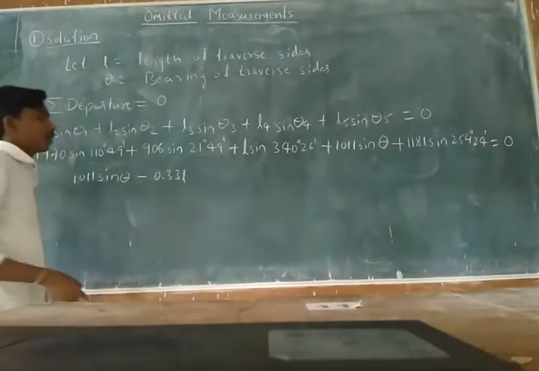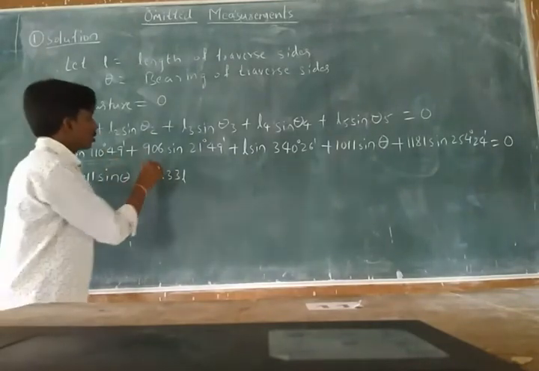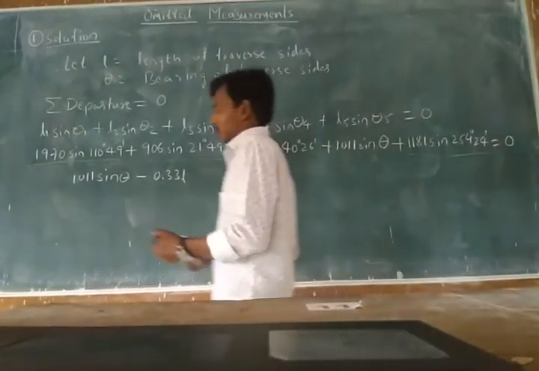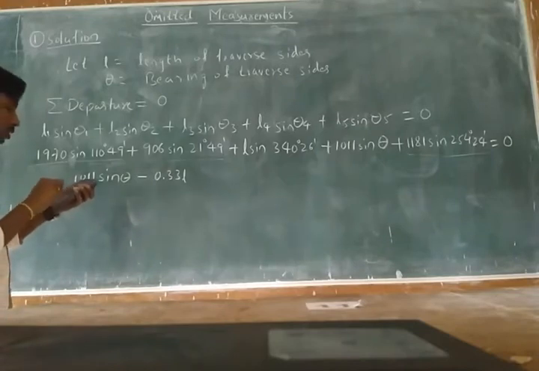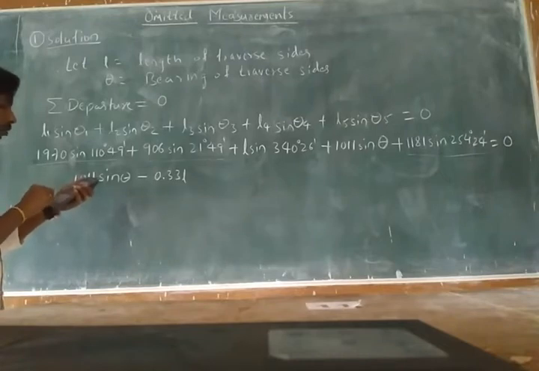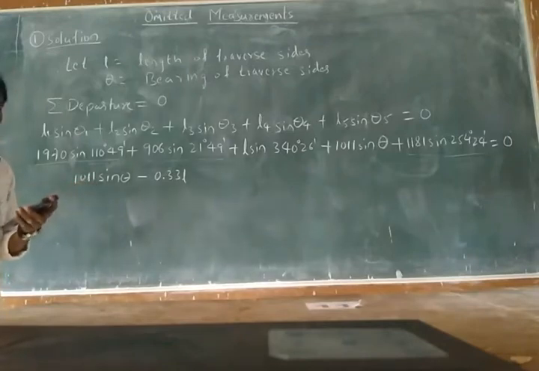So just write L. Now solve the other three substitutions: 1970 sin 110 degrees 49 minutes plus 906 sin 21 degrees 49 minutes plus 1181 sin 254 degrees 24 minutes, and we will get the value 1040.61.